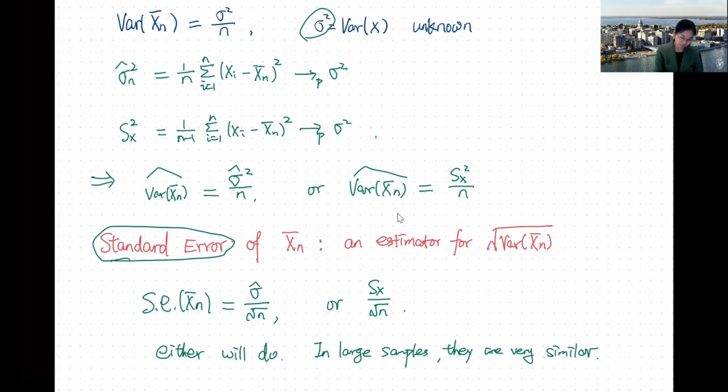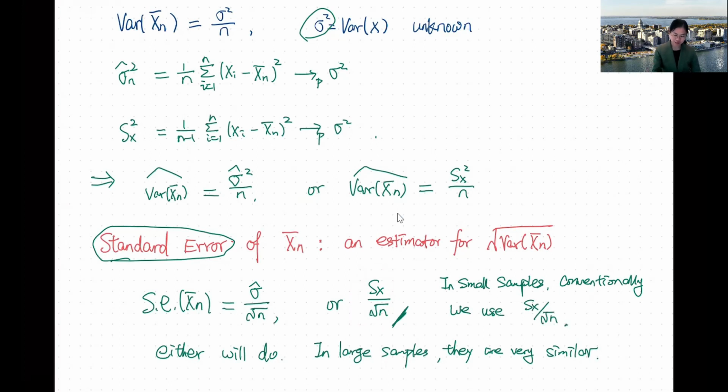In small samples, there is the convention of using sx divided by root n, for some reason.